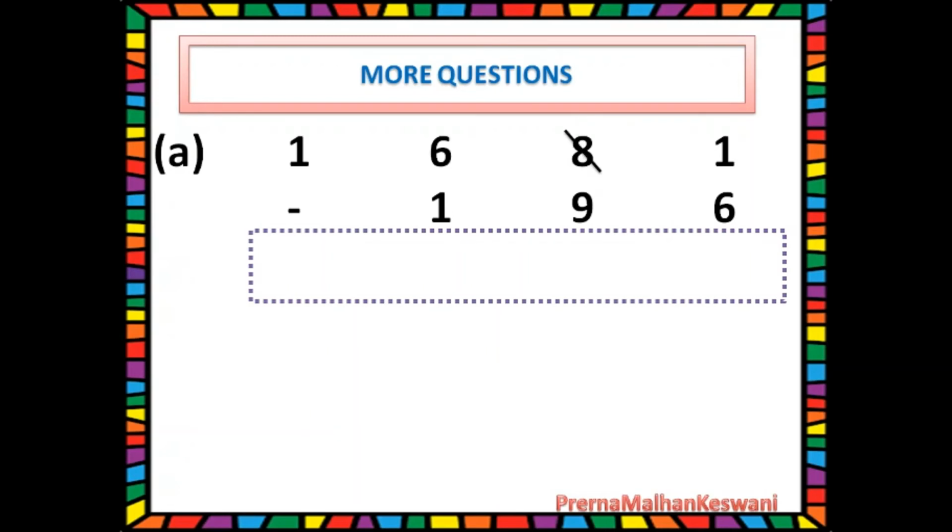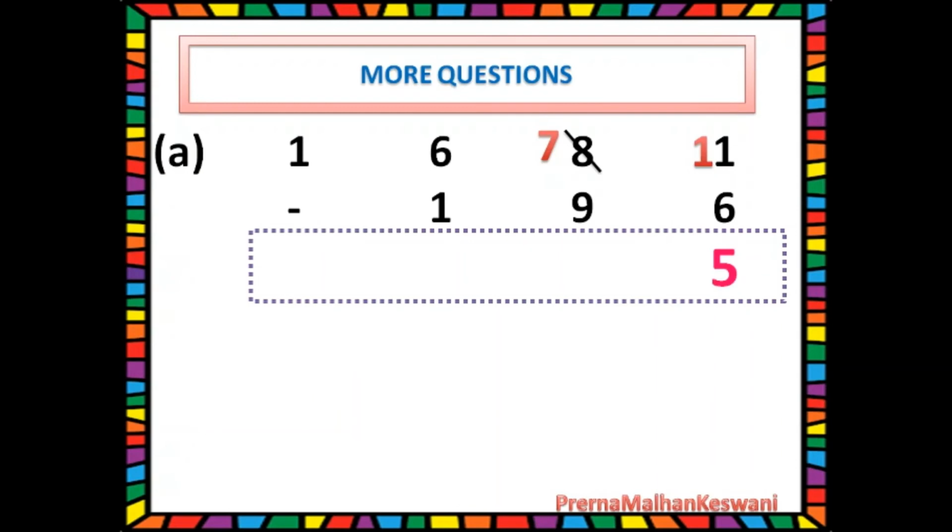So borrow 1 tenth from there. It will be left with 7 tenths and add 1 tenth to 1, and this will be 11. Now start counting after 6 till 11. 7, 8, 9, 10, 11. The answer is 5.